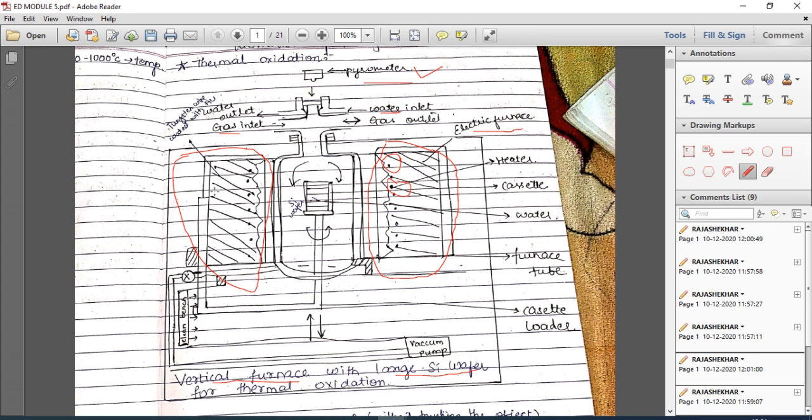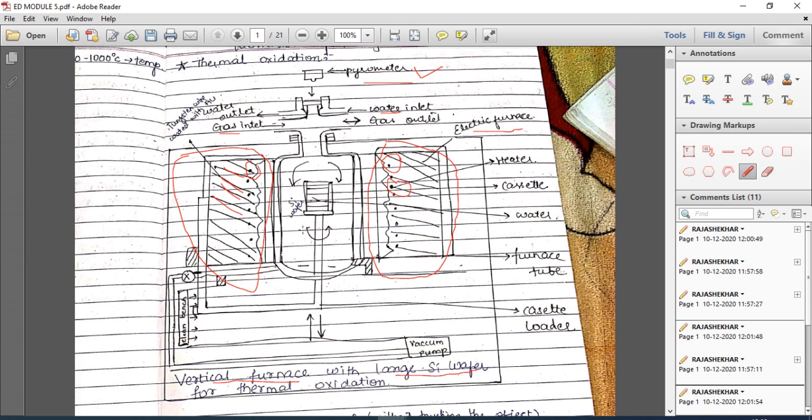Remember these lines which are shown here. These lines are nothing but the tungsten wire which is connected to the electricity, and internally they are connected to the heater to establish the desired temperature around 800 to 1000 degrees Celsius.